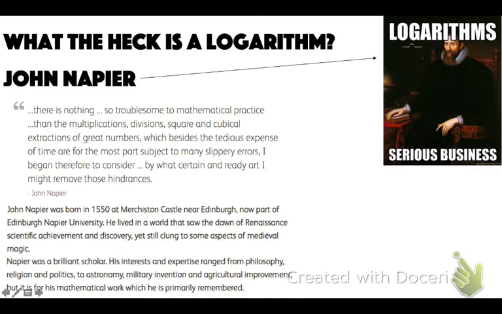That's when he came up with what we now know as logarithms. He was kind of an interesting dude. His expertise ranged from philosophy, religion and politics, even astronomy, military intervention, and agricultural improvement. So he was a very well-rounded, smart guy, but it's his mathematical work that he is mostly remembered for.